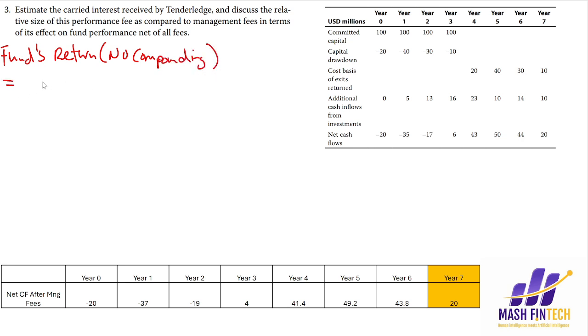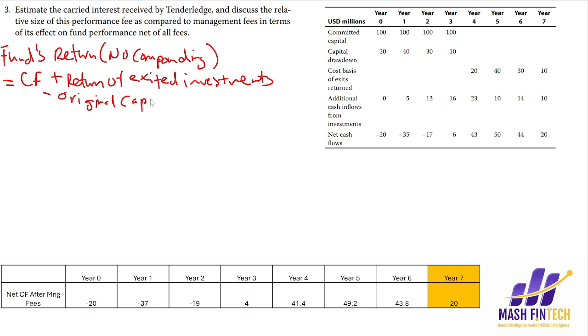It is going to be given by the yearly cash flows plus the return on exited investments minus the original capital. That gives you the total amount of money that you would have.